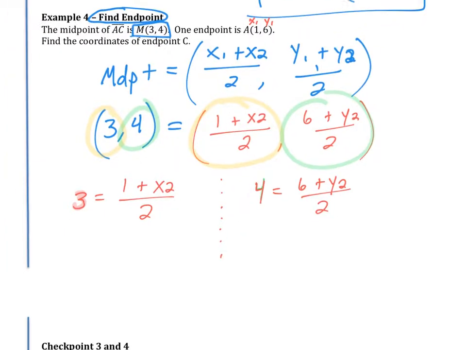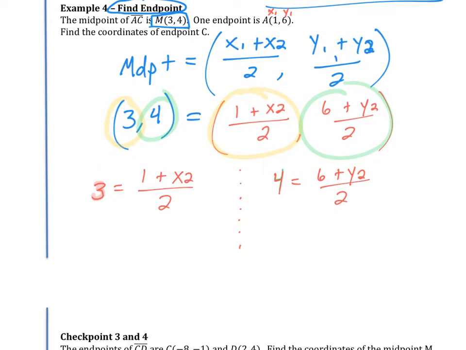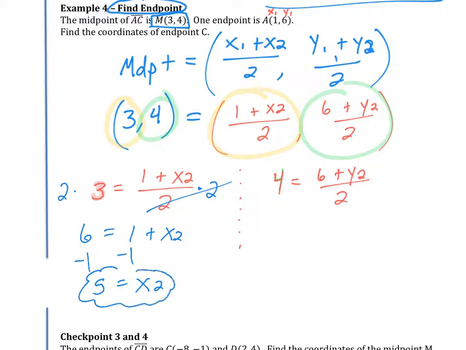So to find x2, to get rid of that divide by 2, it's times 2. And we get 6 equals 1 plus x2. How do you get the x alone? Minus 1. So 5 equals x2. Now we want to solve for y2. So we times by 2.